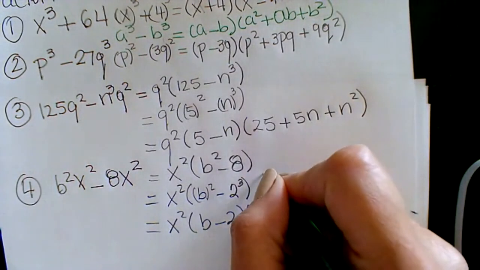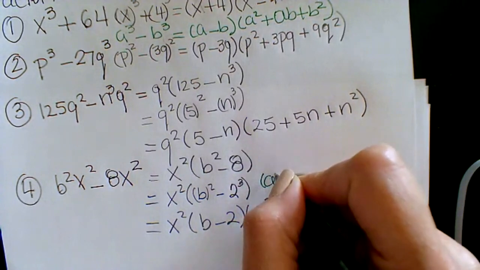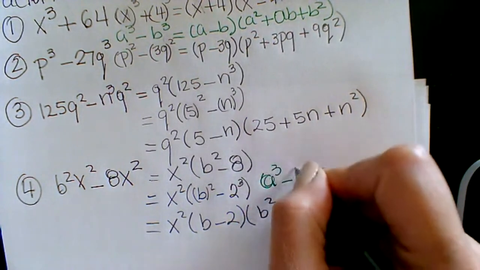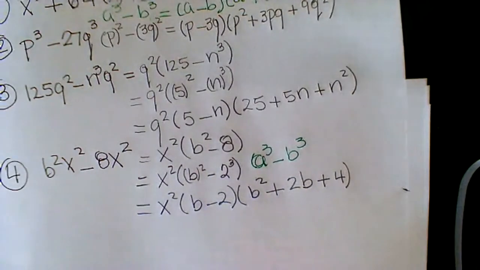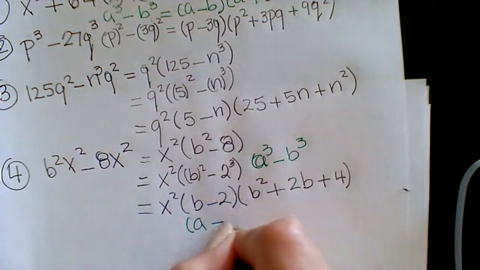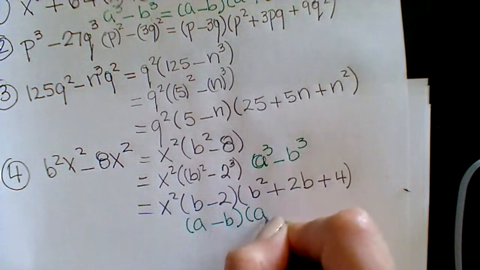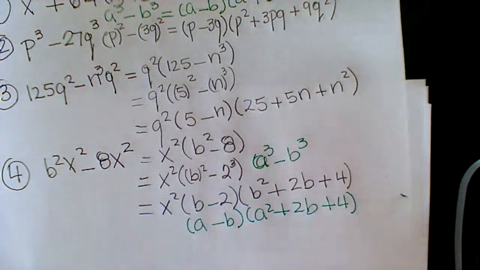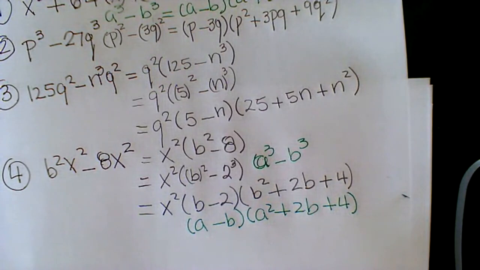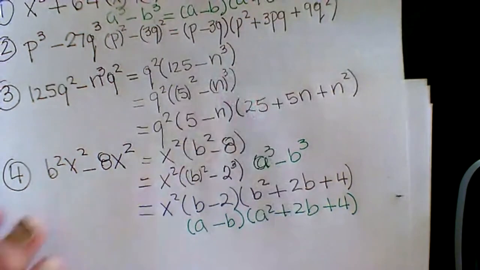Because what I have here is that. So I just do a minus b, a squared plus ab plus b squared. All right? And that's exactly what I did on this one.